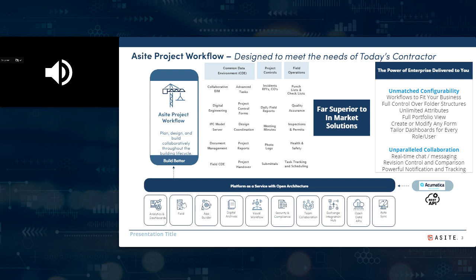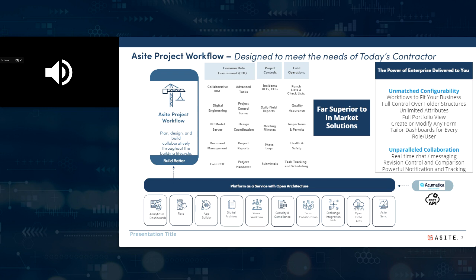Then as we move over to the right, we get into some of the form-based tools that we provide in the application. We're going to talk about incidents, RFIs, and of course change orders. I'm not going to dive into daily field reporting and meeting minutes, but again, these are standard processes that you can manage on our application.